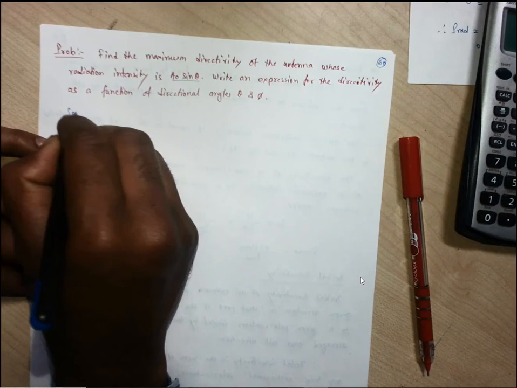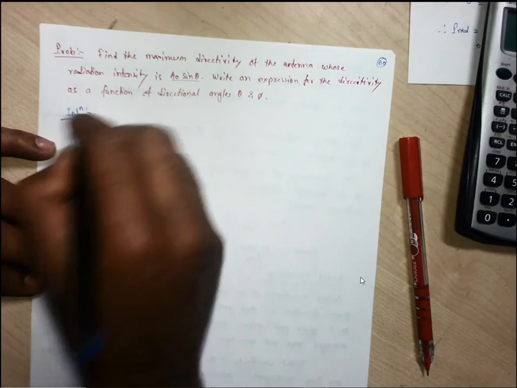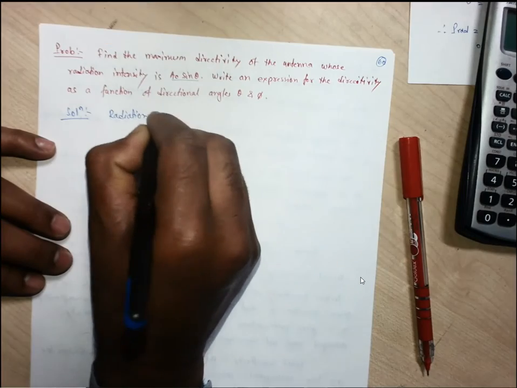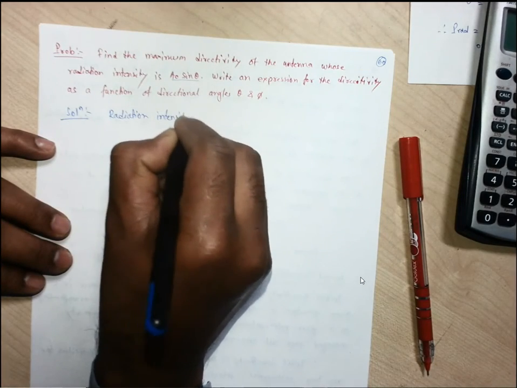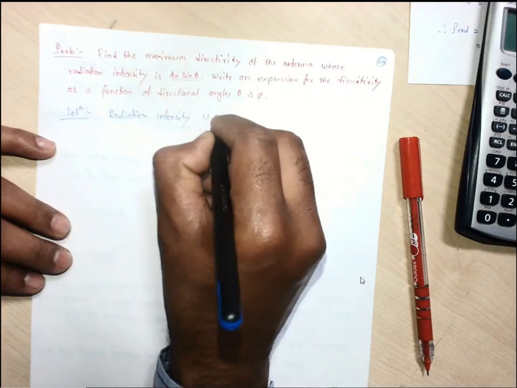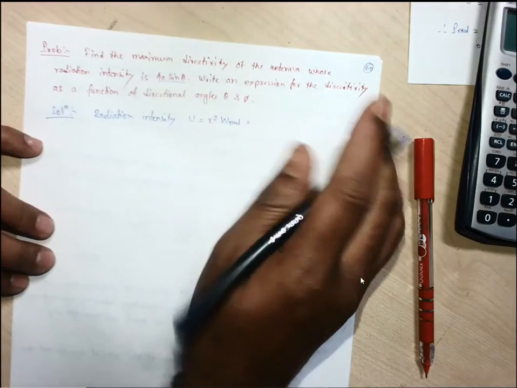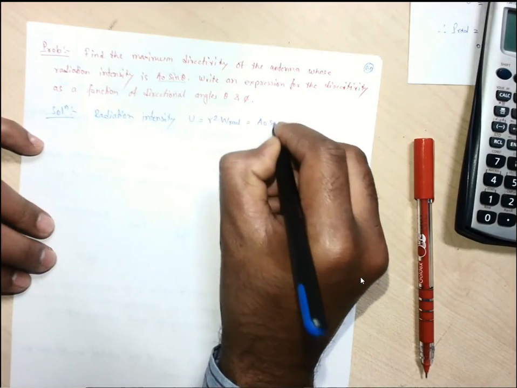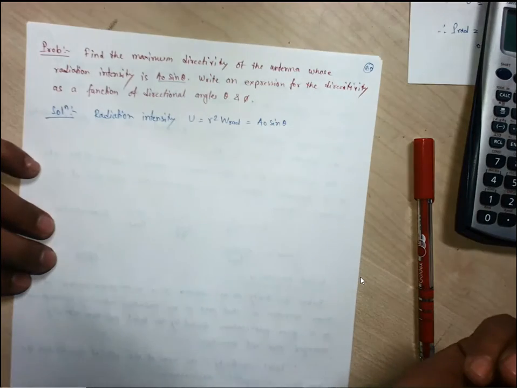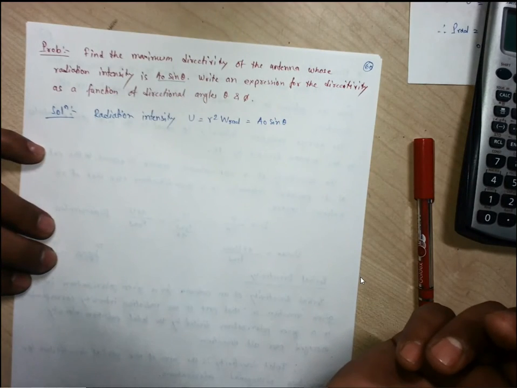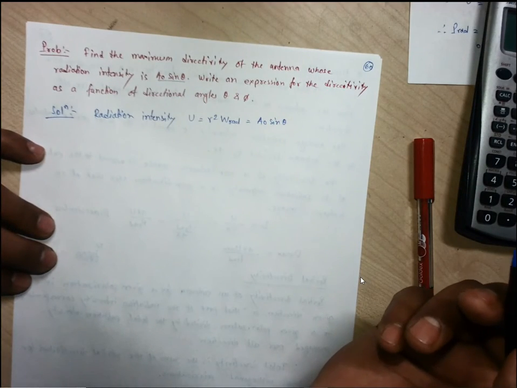So this radiation intensity is given as U, which equals R square W radiation power density, given as A naught sin theta. So from this radiation intensity, at which direction may we have the maximum radiation?